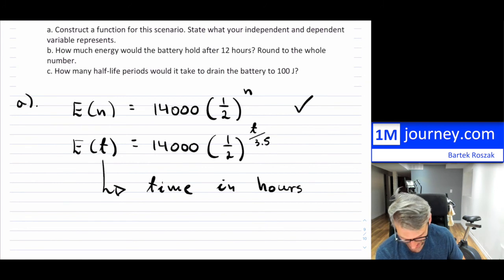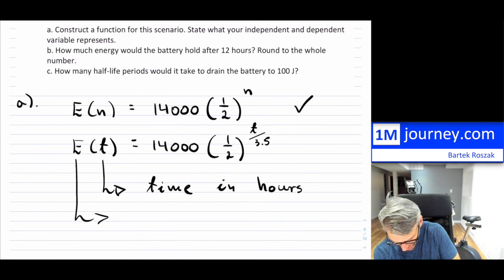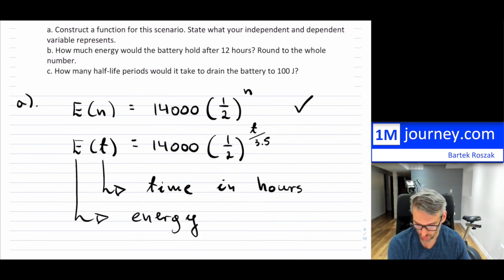That's my independent variable for that one. The N, if you want to define it, is the number of half-life periods. The capital E, which I used, is for energy. My dependent variable here is energy because they're doing it in joules.